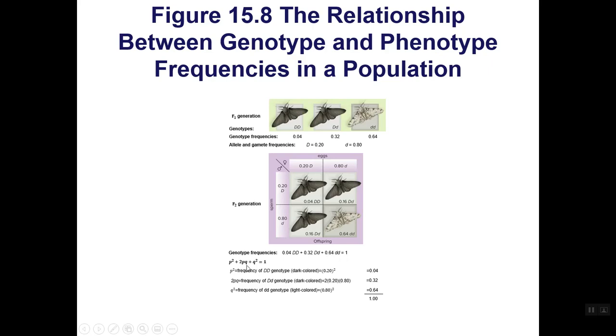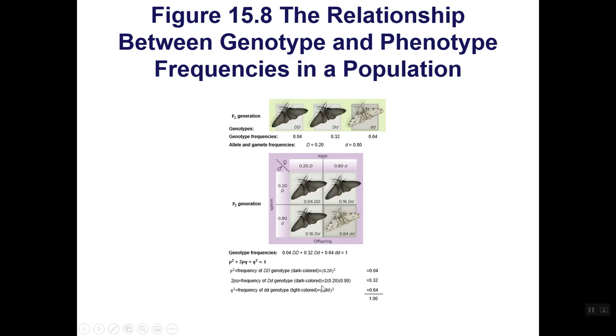And if you were to insert these numerical values into our equation, P squared would be the frequency of big D, which was 0.2. And if we square it, that gives us 0.04, of course. 2PQ would be the frequency of the big D, little d genotype.